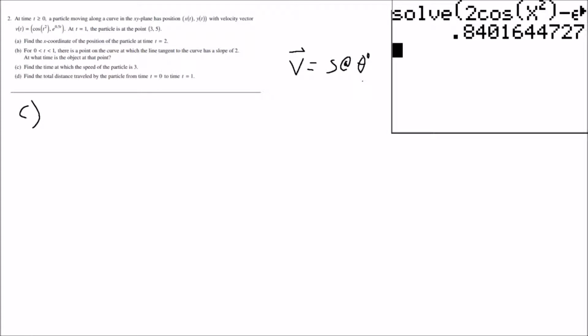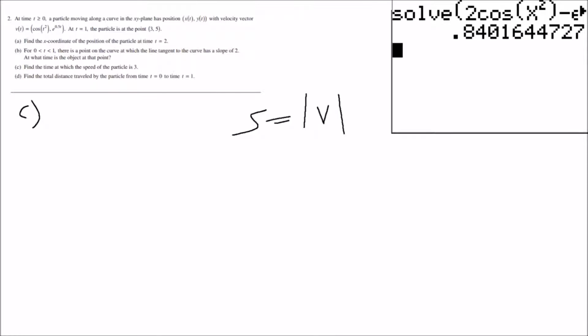That's very important because what it means is the speed you can get by determining what the magnitude or absolute value of that v is. So you can say that speed equals the absolute value of velocity.